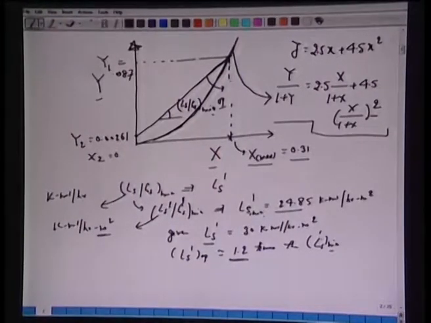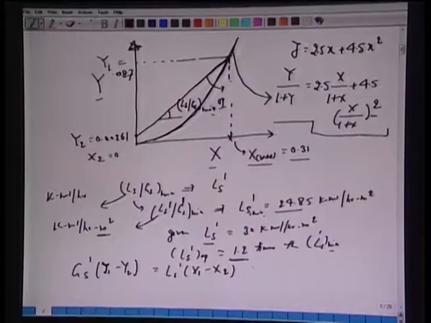Okay. If you want to solve analytically, all we have to do is write down the expression for the operating line, which is capital Y1 minus capital Y2 equals Ls prime times x1 minus x2. So this would be our equation for the operating line. Okay.